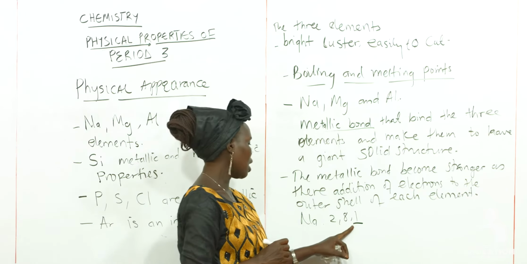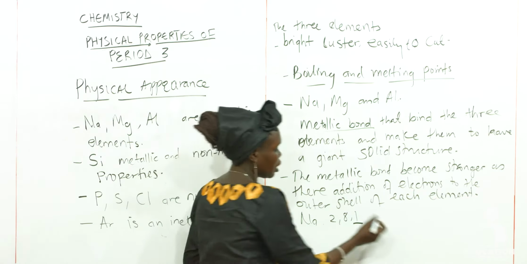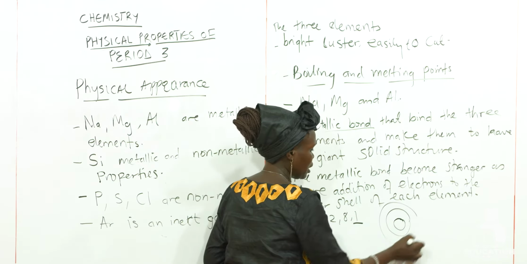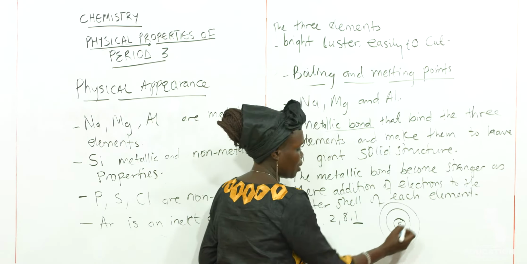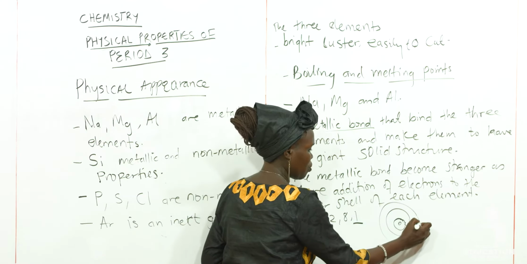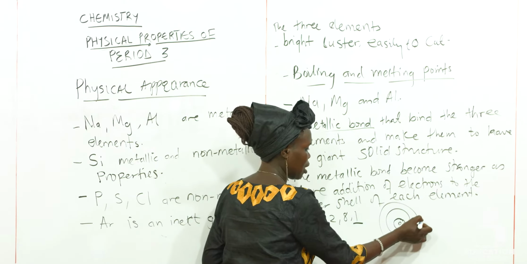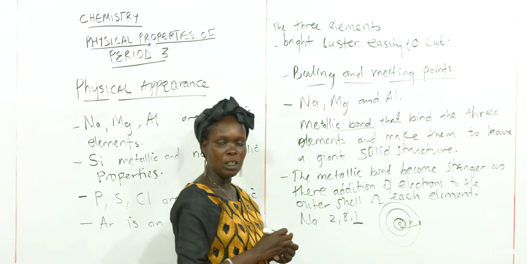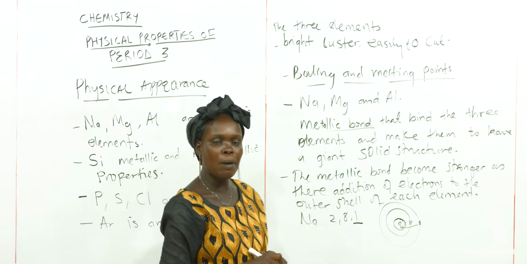So this single electron can be pulled into the nucleus. We have the first electrons as 2, 8, and then 1. So this one is much easier to be pulled by the nucleus of the sodium atom.